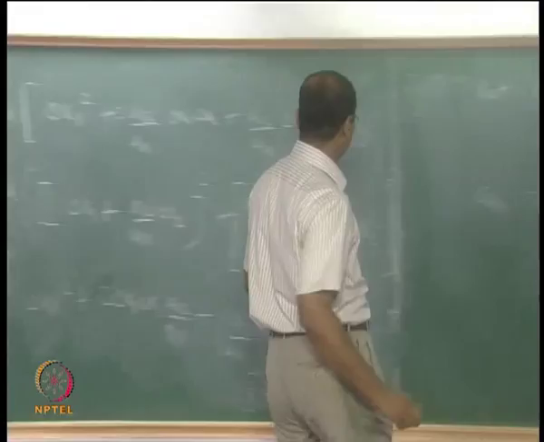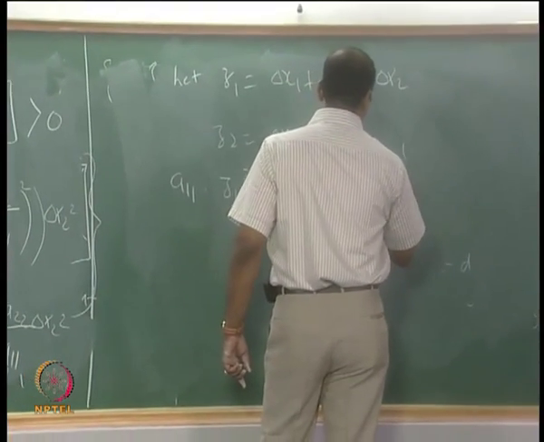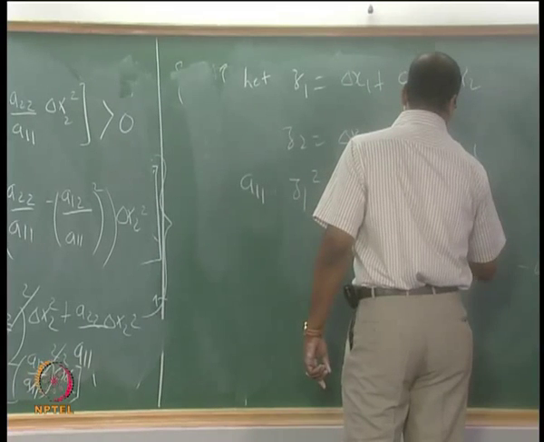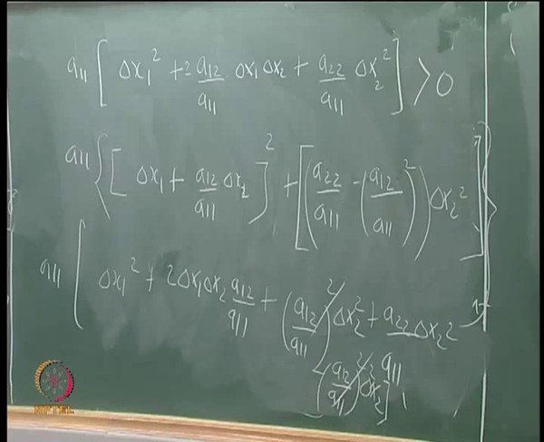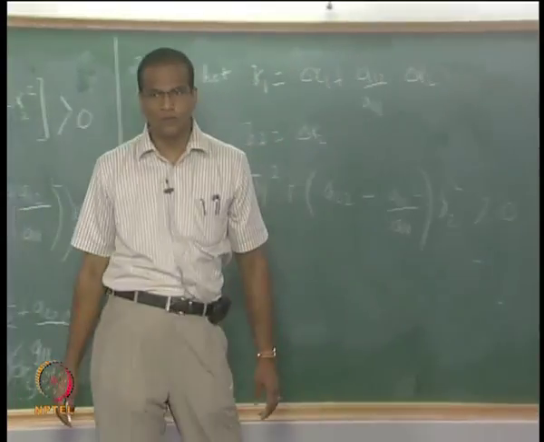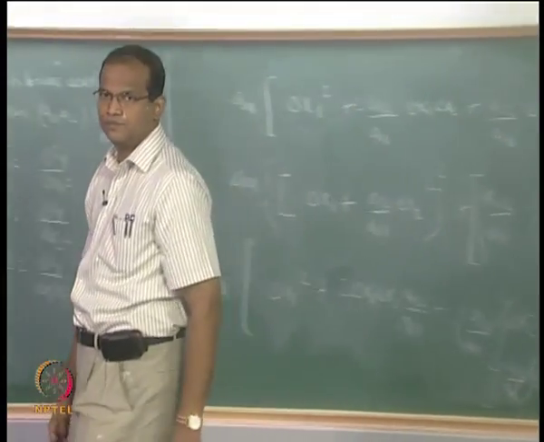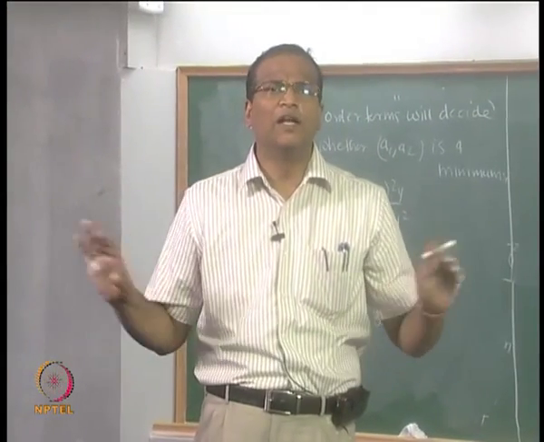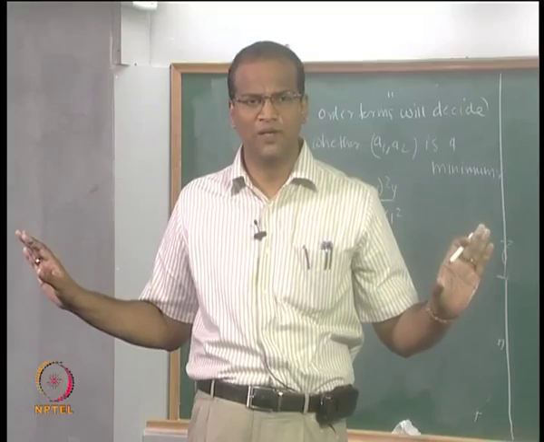A12 square by a11 must be greater than 0. I did not do any magic, I just did algebraic manipulation, that is it.